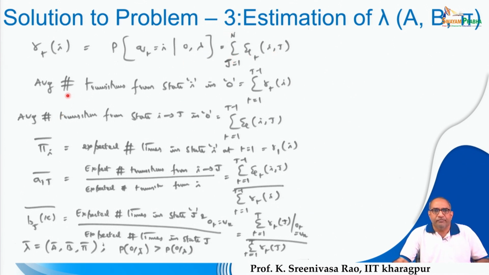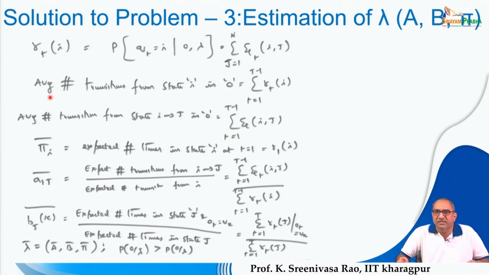And now, if we try to compute the parameters here, the average number of transitions from state i can be written as follows. Here gamma t of i is nothing but the probability of the system being in state i at time t. So, likewise, suppose we want to compute in a state sequence how many times the system is visiting state i.